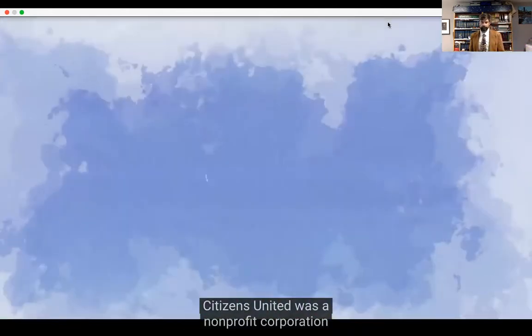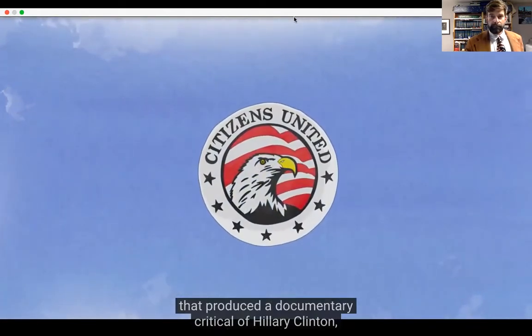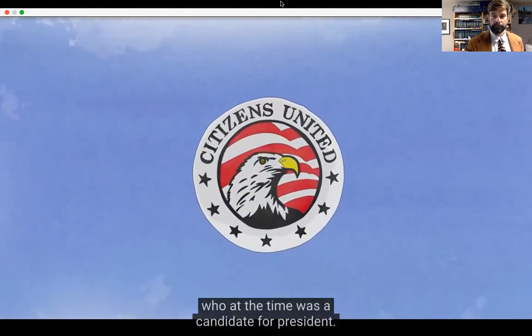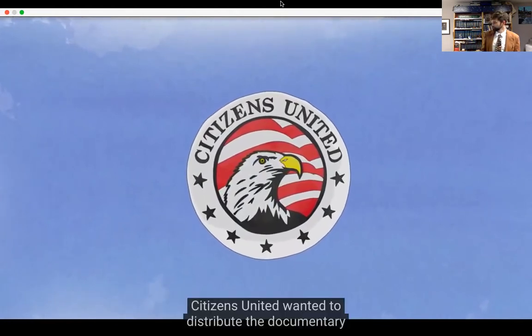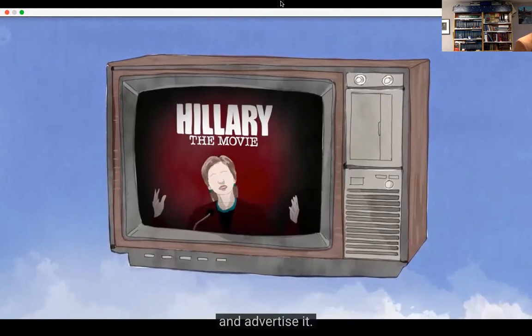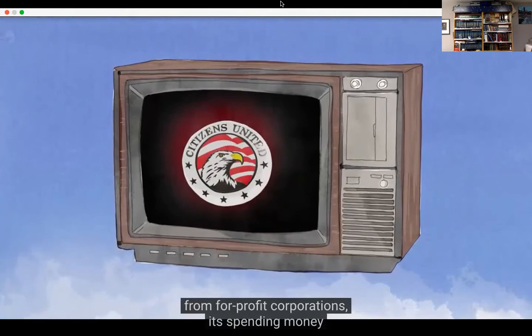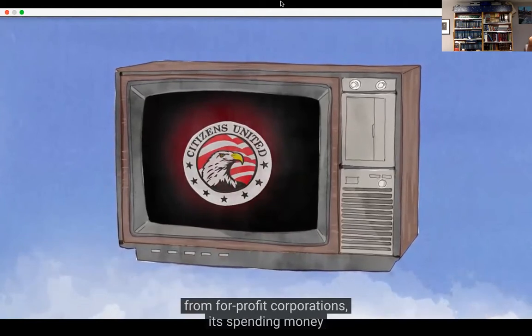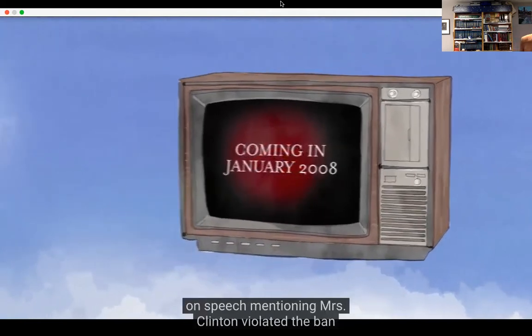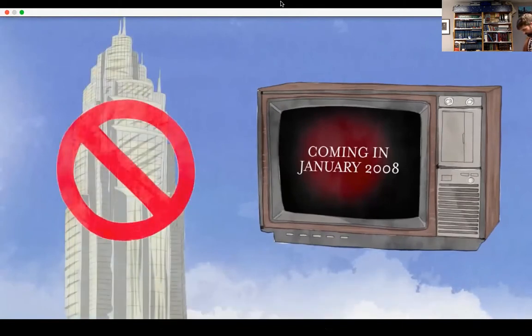Citizens United was a nonprofit corporation that produced a documentary critical of Hillary Clinton, who at the time was a candidate for president. Citizens United wanted to distribute the documentary and to advertise it. Because Citizens United received some money from for-profit corporations, its spending money on speech mentioning Mrs. Clinton violated the ban on corporate spending in elections.